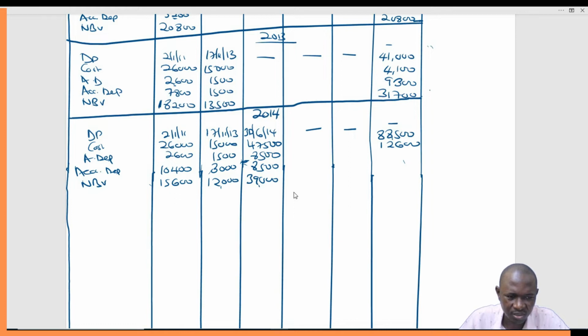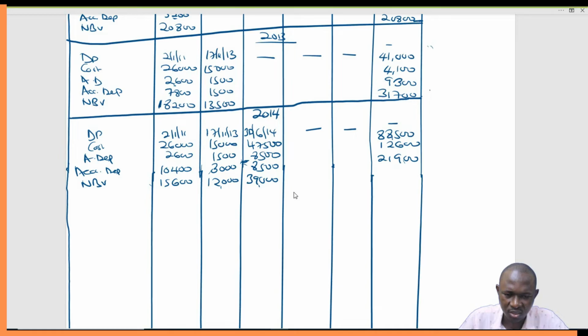Then we come to this other part, 10,400 plus 3,000 plus 8.5 again. That gives us 21,900. Then 88,500 minus 21,900 gives us 66,600.